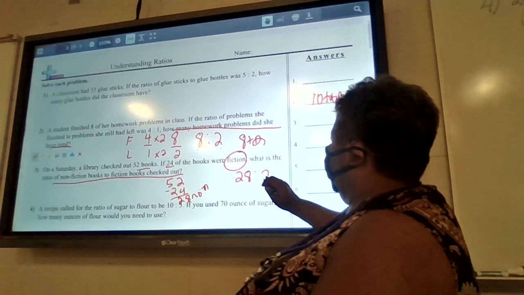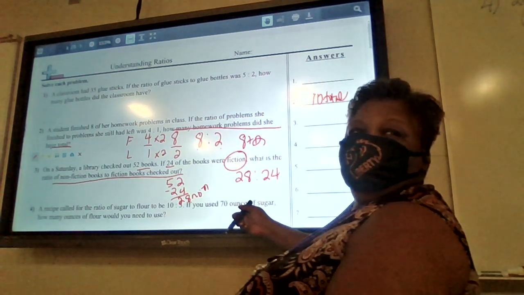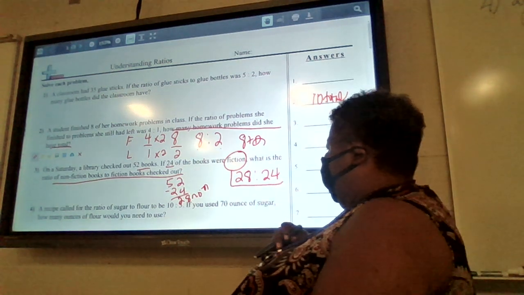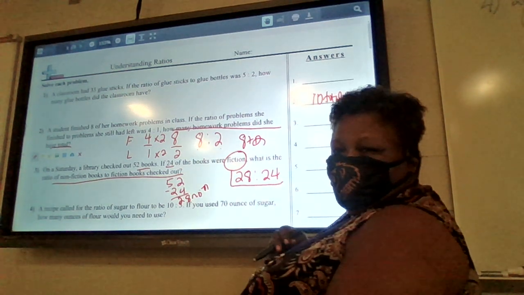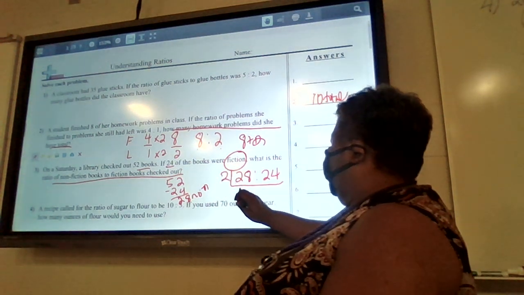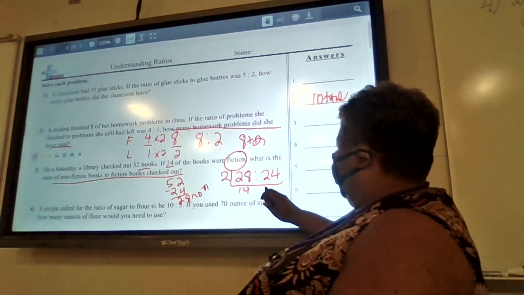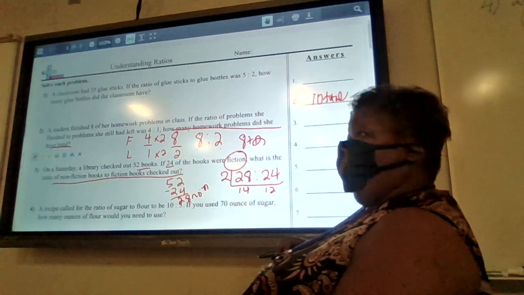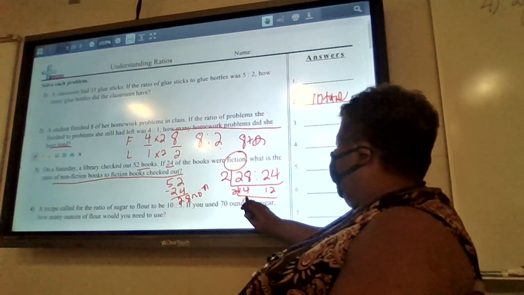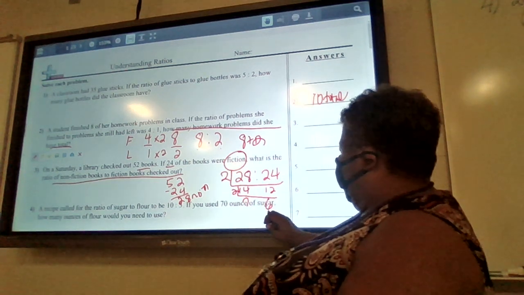Okay, so we had 28 nonfiction, and it asked for the ratio of nonfiction to fiction. We can simplify this, y'all. Well, we have to simplify it. So let's do our birthday cake. What goes into 28 and 24? 2. So we got 14. 2 goes into 24 12 times. So we got another even number here. So 2 again. 2 goes into 14 7 times. 2 goes into 12 6 times.